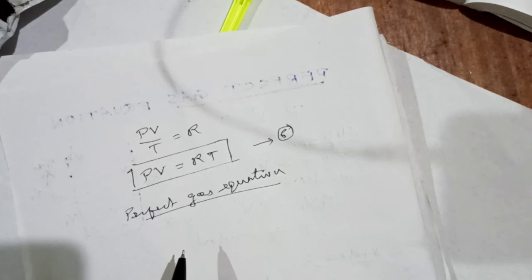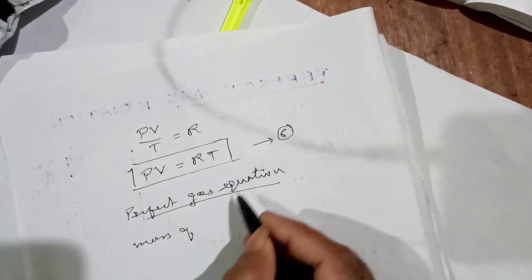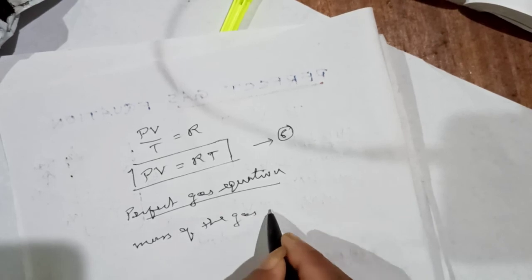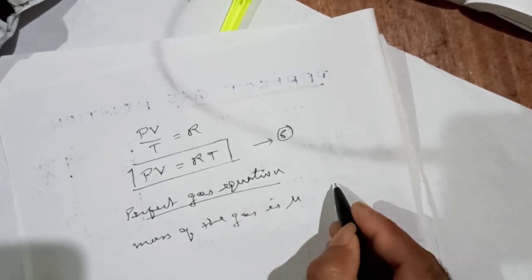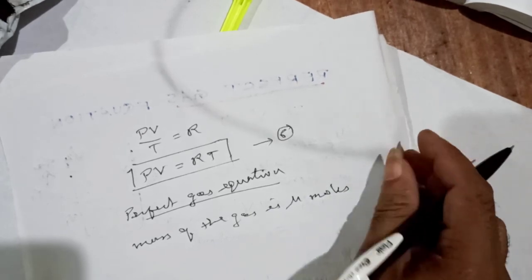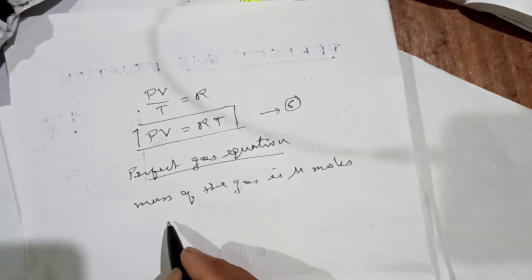And also, if V is the volume of 1 mole of the gas, and if the amount of the gas is mu moles or n moles, we can put different notations if we like.